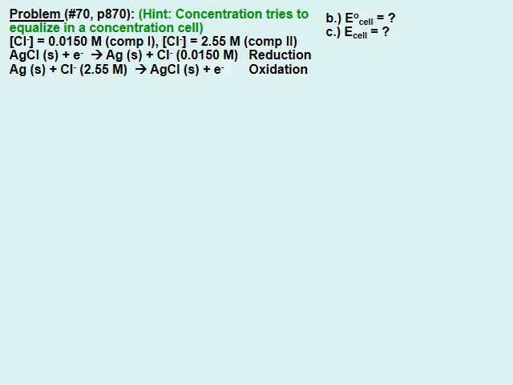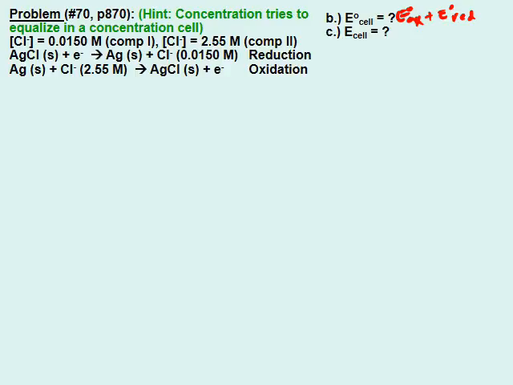So basically, you're dealing with E0 oxidation plus E0 reduction for 1 molar concentration of Cl minus in each compartment. So basically, it's an identical reaction. One is the reverse reaction of the other one.